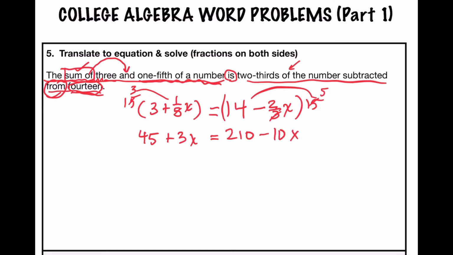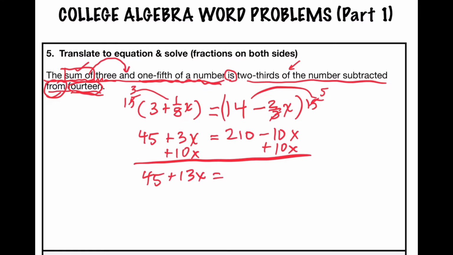So now I have to gather up my numbers on one side and my variables on the other. So I'm going to choose to add 10x to both sides in order to keep my variable term positive. 45 plus 3x plus 10x is 13x, equals negative 10x plus 10x is 0. 0 plus 210 is 210.